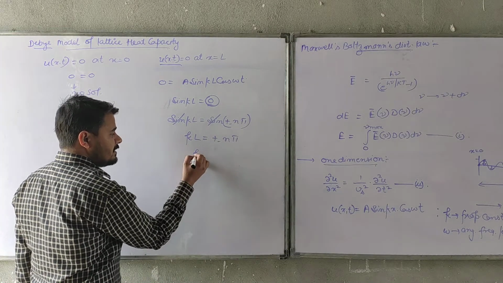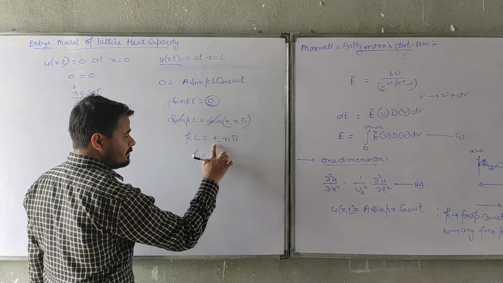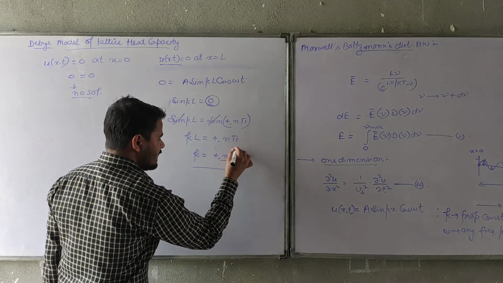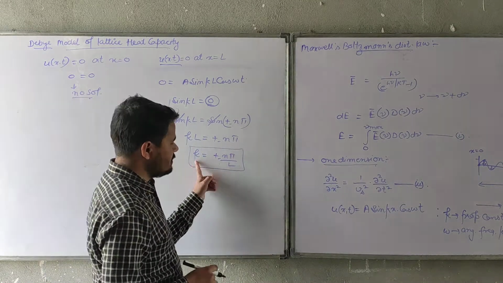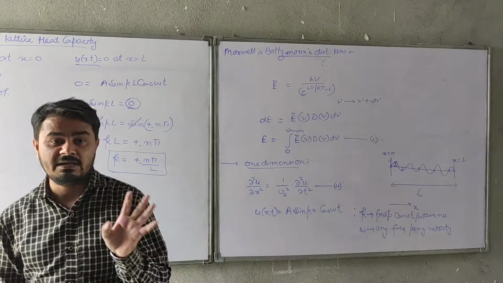That means the propagation constant k or wave number has two values, plus or minus n pi by L. But we know that the propagation constant k or wave number cannot be negative.